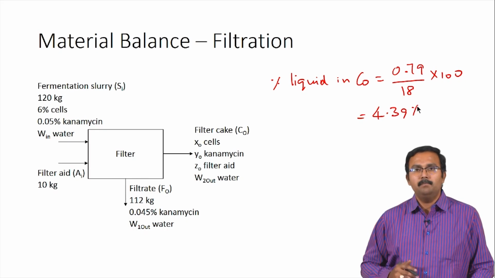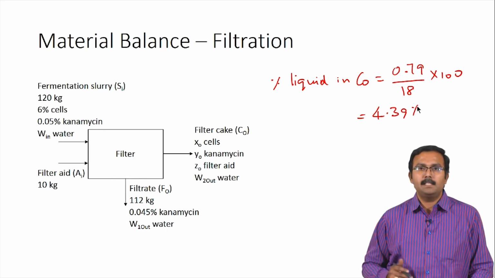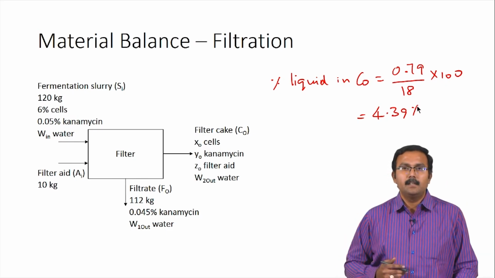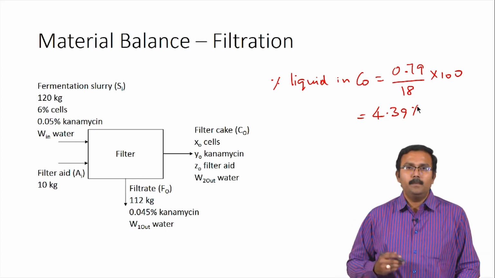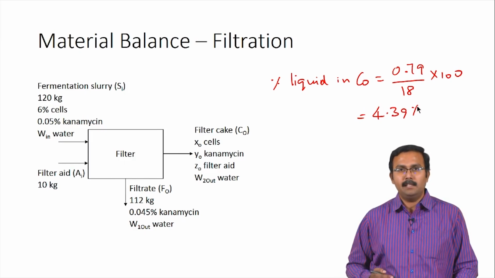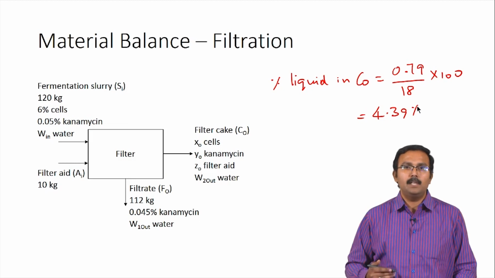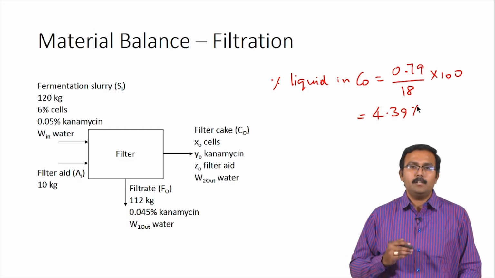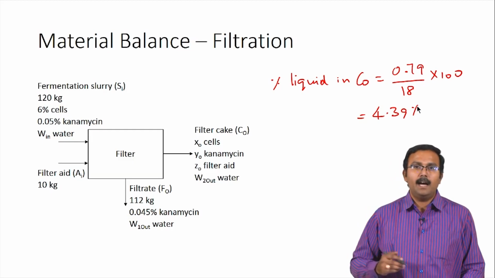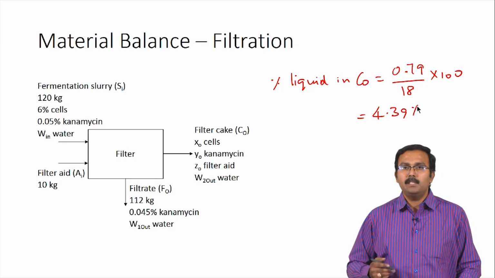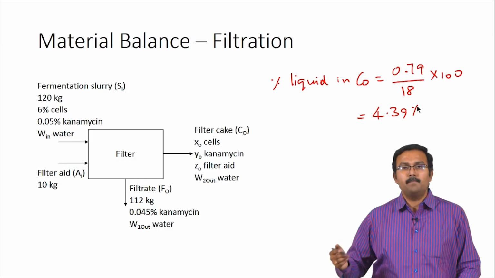For the second part of the problem, we need to calculate the mass of kanamycin which is absorbed by the filter cake, which contains the filter aid. To do that, we need to know how much kanamycin is actually present in the liquid accompanying the filter cake and how much is actually absorbed by the filter aid in the filter cake. We know that the concentration of kanamycin in the filtrate and the liquid accompanying the filter cake are the same. With this information, we can calculate the amount of kanamycin which is leaving the system with the water accompanying the filter cake.